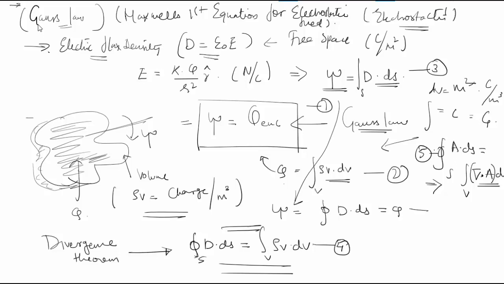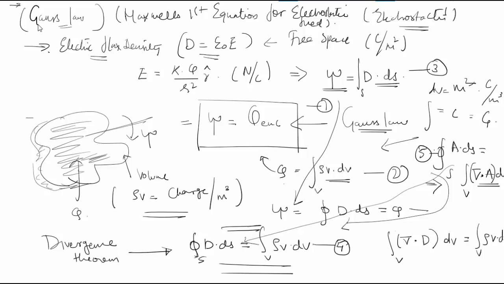Now when I apply the fifth equation, I can apply the divergence theorem on this side, which puts both sides in the form of volume integrals. It says that the volume integral of the divergence of my vector D, the electric flux density, over the volume dv is equal to the volume integral of the volume charge density.